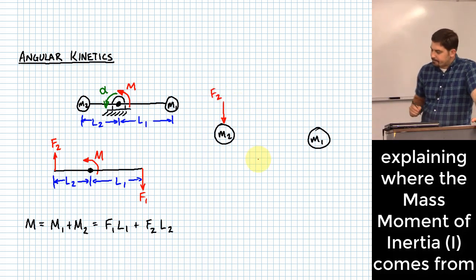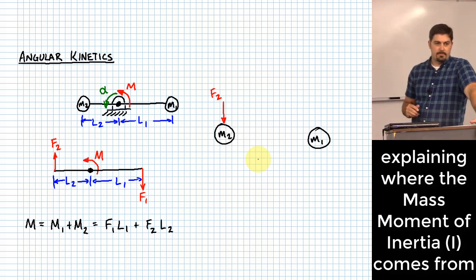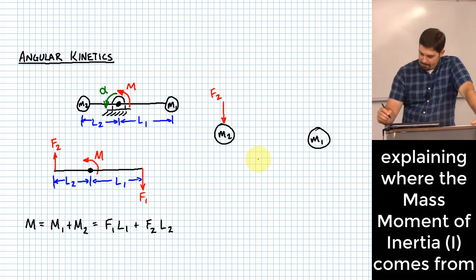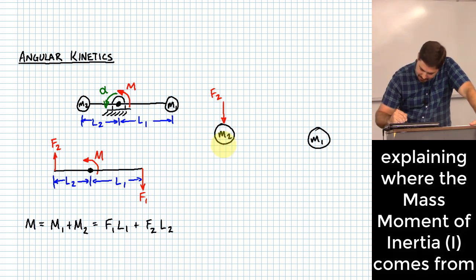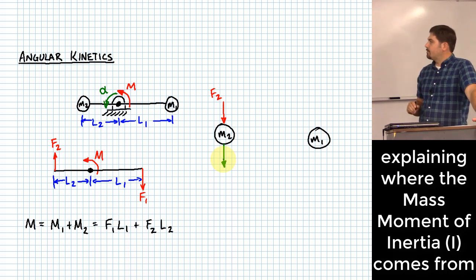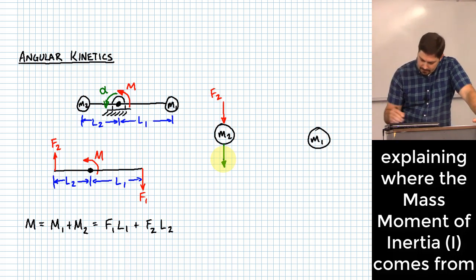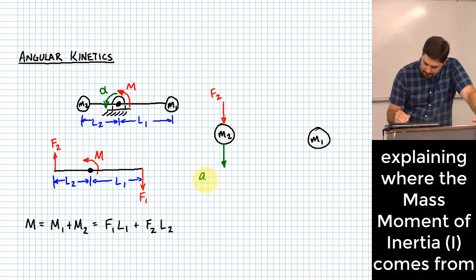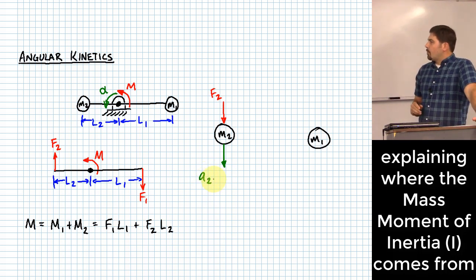All right. Well, how does M2 respond to that force? All right. Well, I would say that it's going to have some kind of an acceleration, right? Under that force of F2 that's being applied to M2, it's going to want to accelerate. And I'll just call that A2 for right now, right? But we want to do more than that.